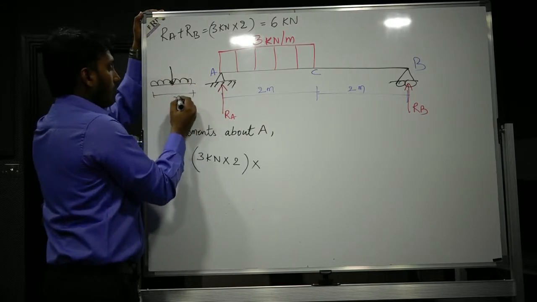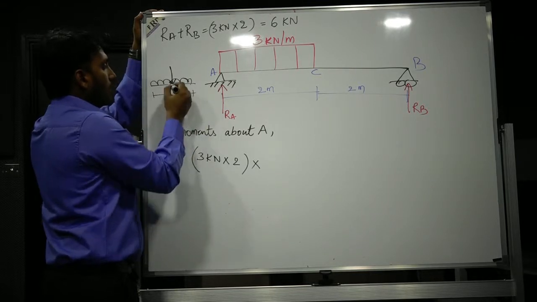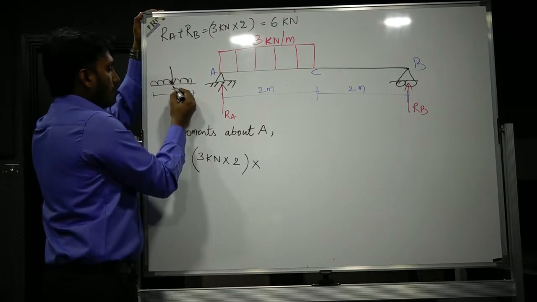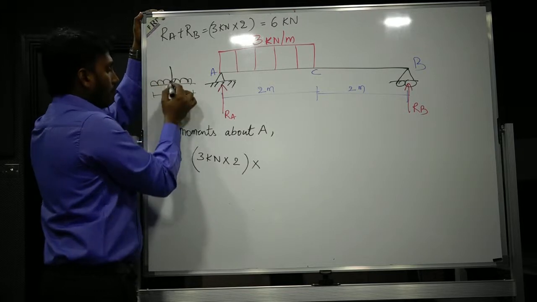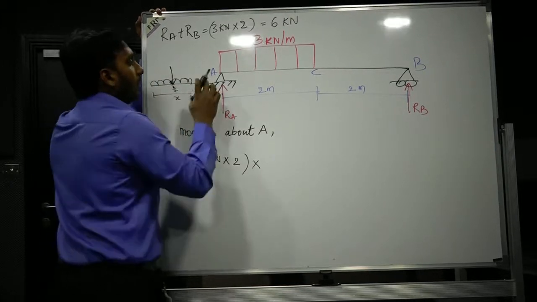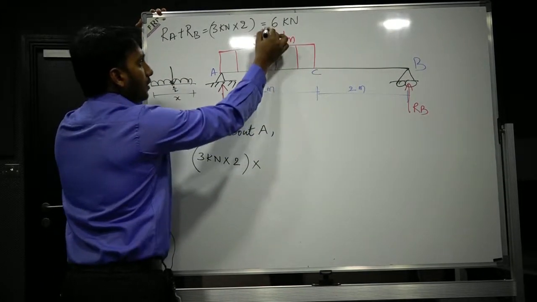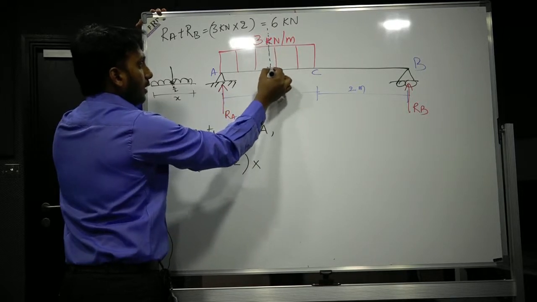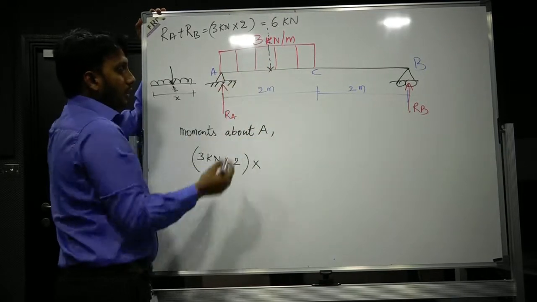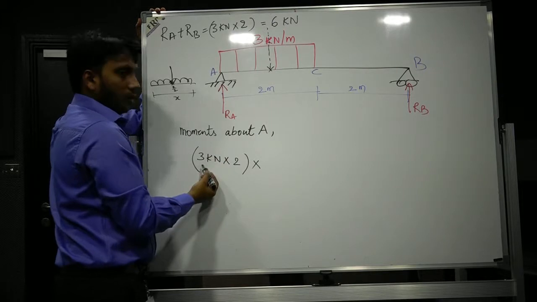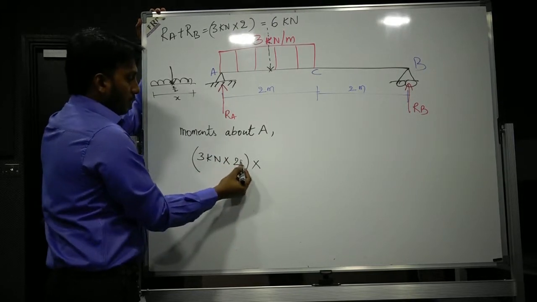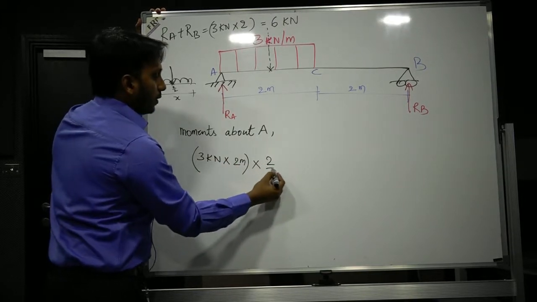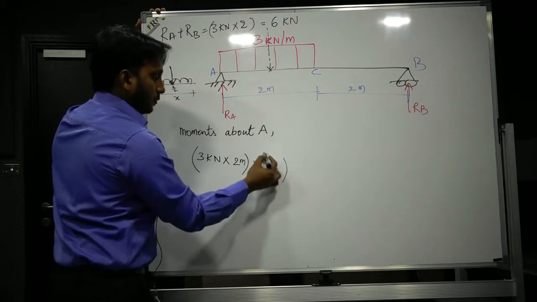If the load is over length x, we consider the point load acting at x by 2. So 3 kilonewton into 2 meter, then 2 by 2.